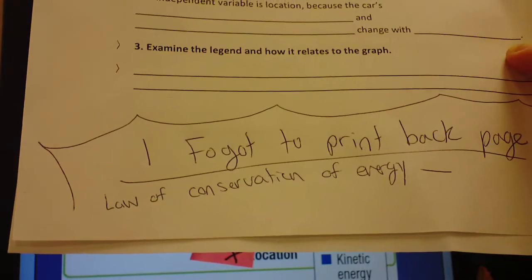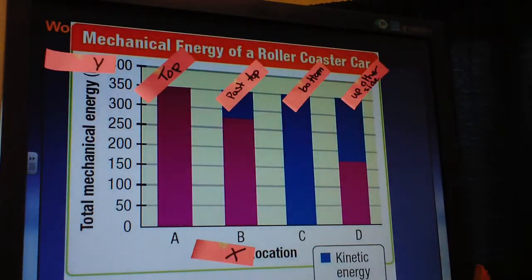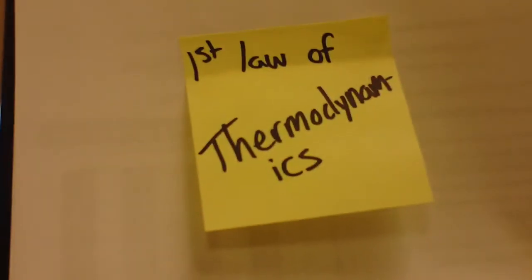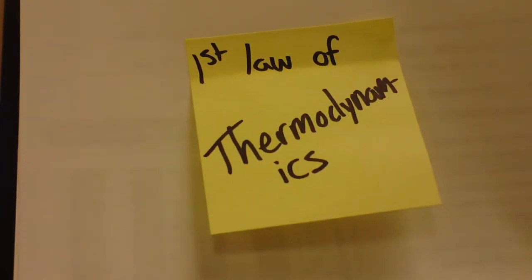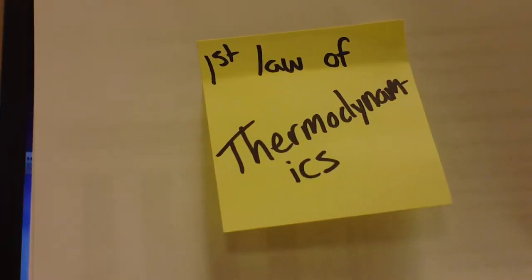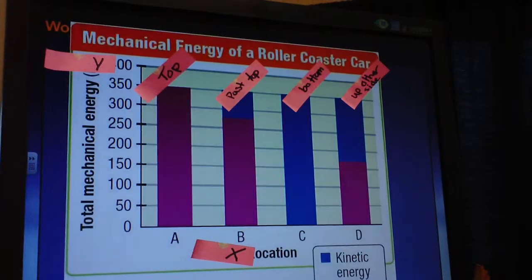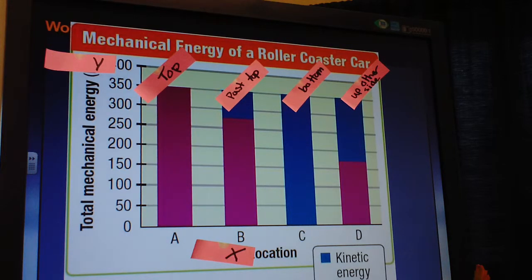Once you flip it over to the back side, I would like you to define the first law of thermodynamics. You can find those in your book in section 13.4.